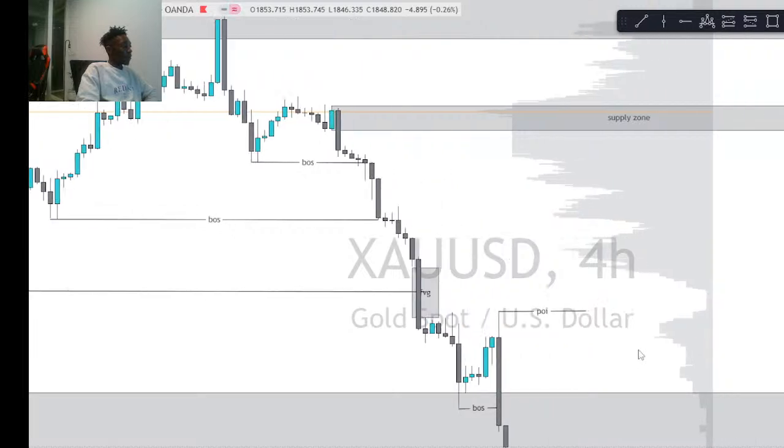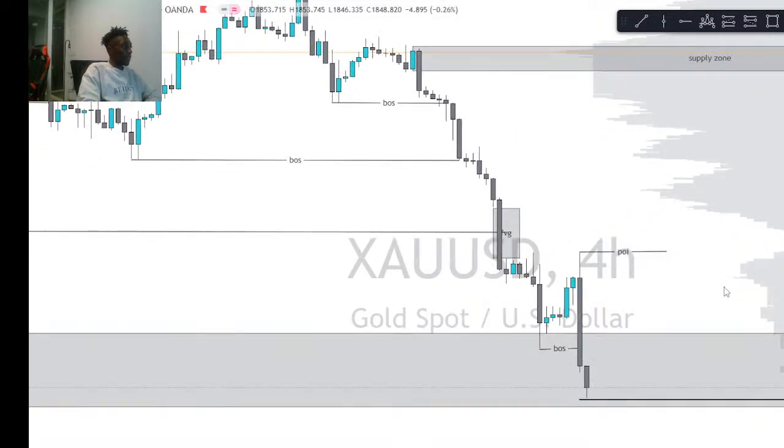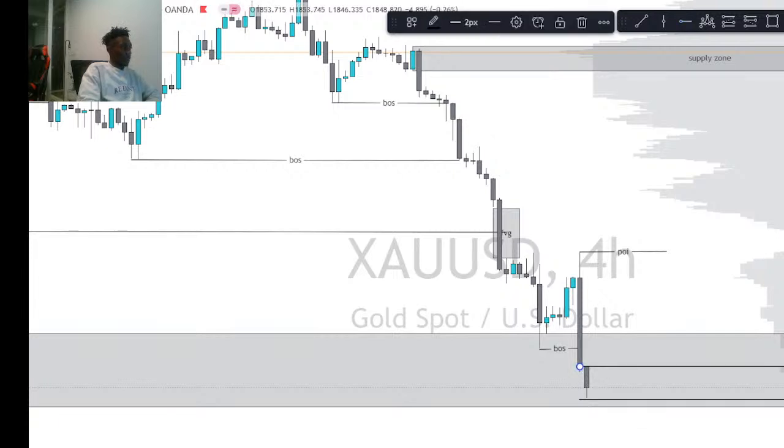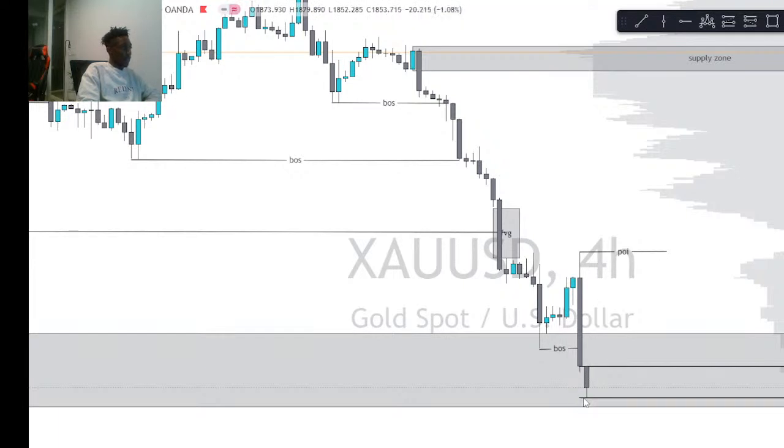So how are we going to catch this move? You understand? How are we going to catch this move? We monitor the market. You see above here, we can see that the market closed and then it went down from there. What we must wait for is the market to open, grab the sell side liquidity on that low, and then it pushes.